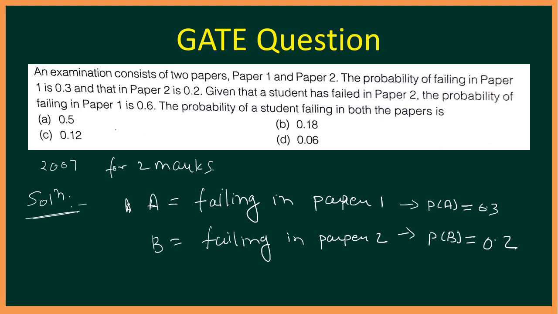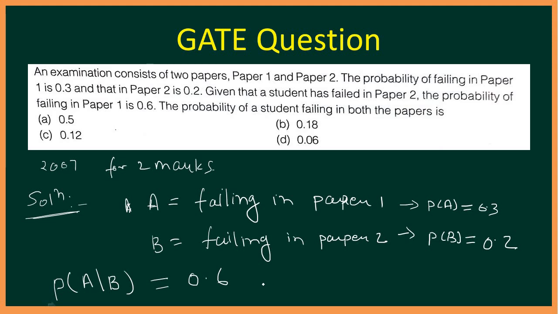This is the conditional probability, P(A|B), the probability of A happening when B has occurred. It is given as 0.6.